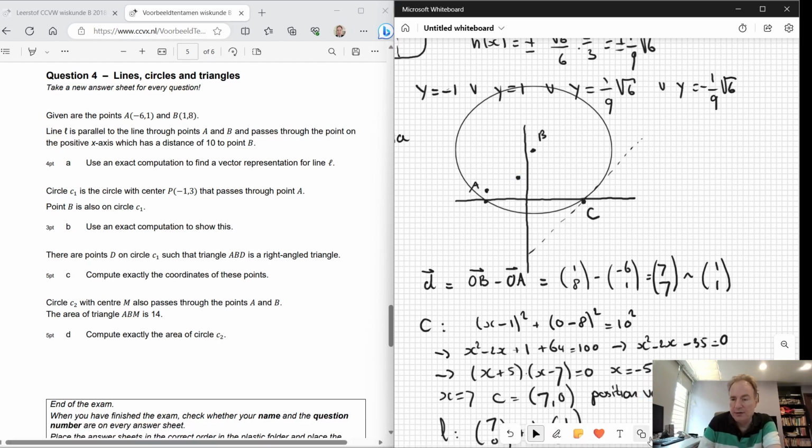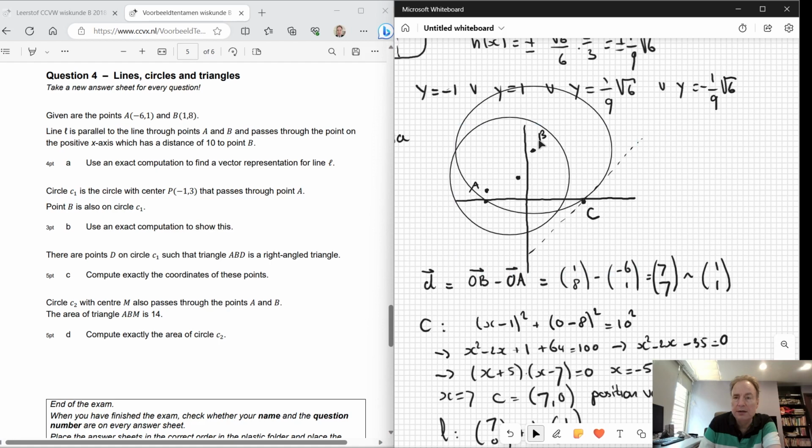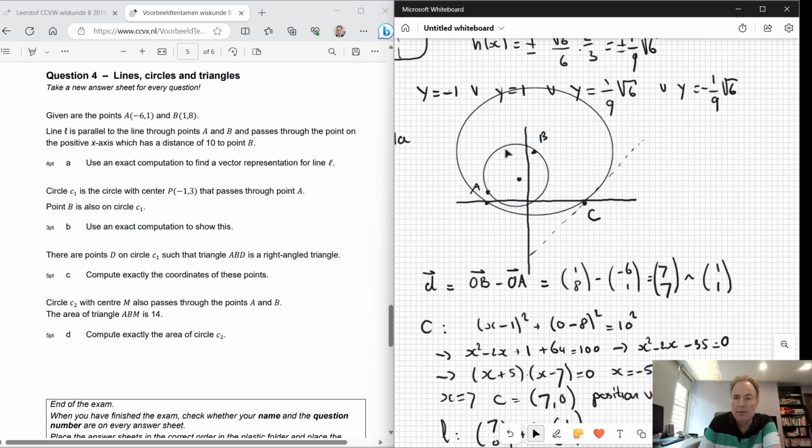So I can again try to add a circle. Maybe I can color it different, but I don't know how to do that. It would be roughly this circle.